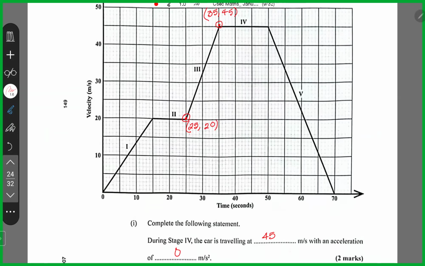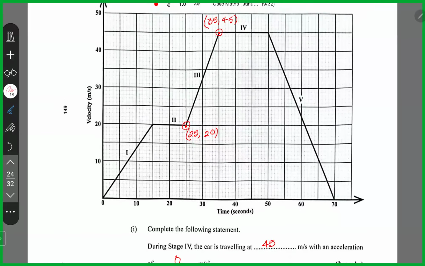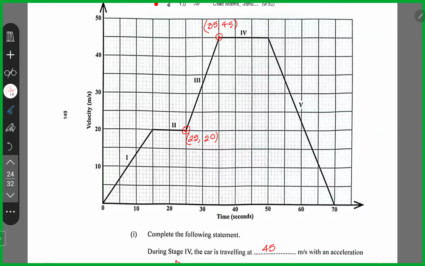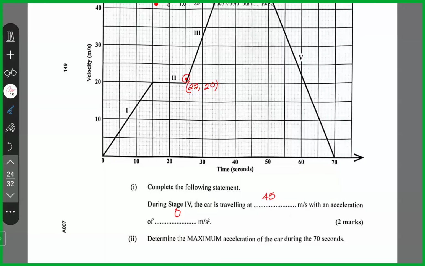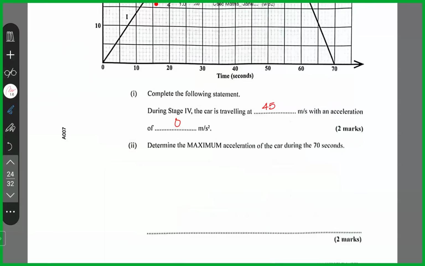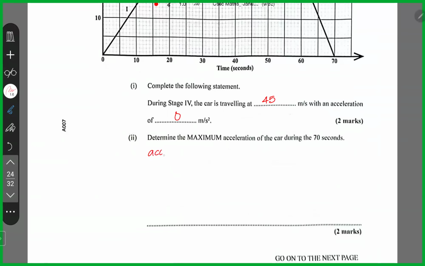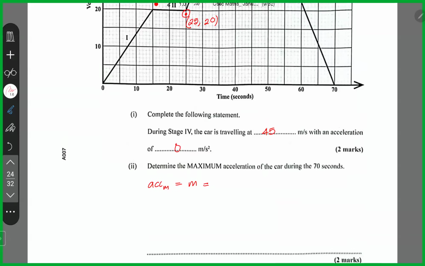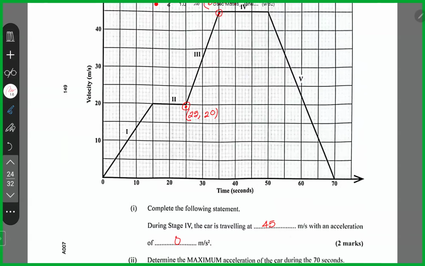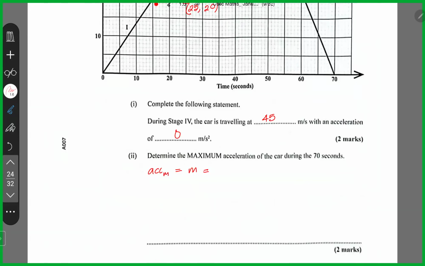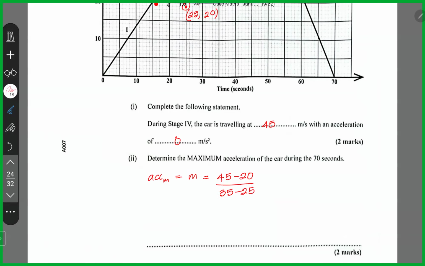So gradient is y2 minus y1 over x2 minus x1. So the maximum acceleration, which is the gradient, is y2 45 minus y1 20, x2 35 minus x1 25.